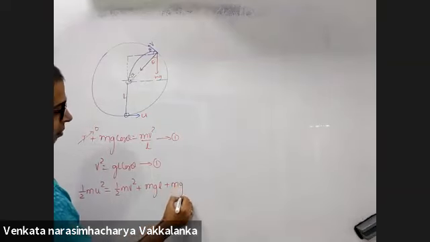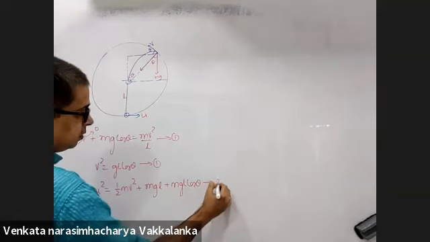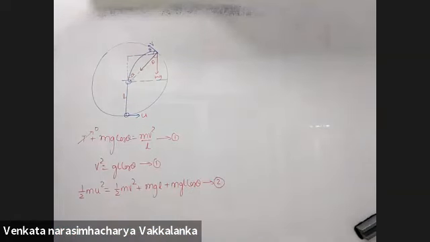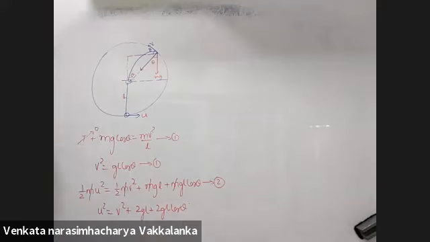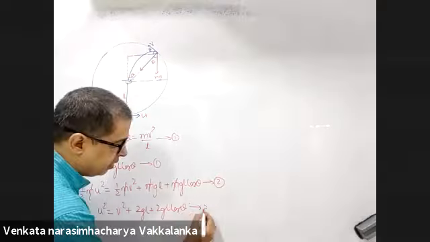So far, so good? You can cancel out m all throughout. u square is v square plus 2gL plus 2gL cos theta. This is my second equation.